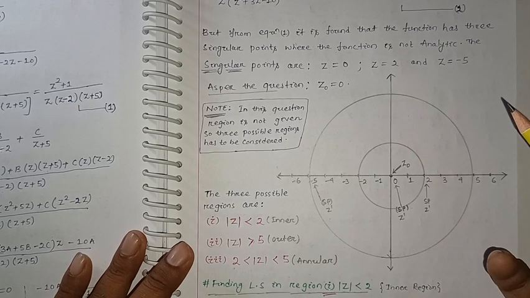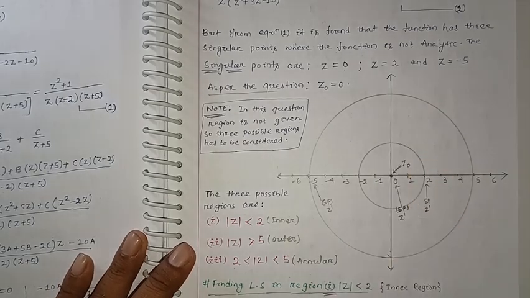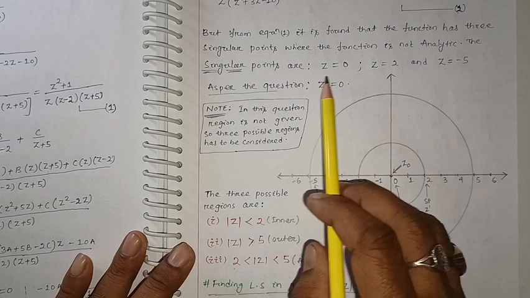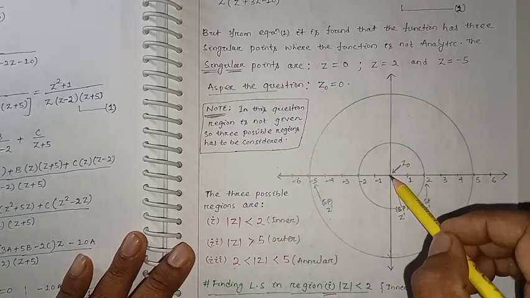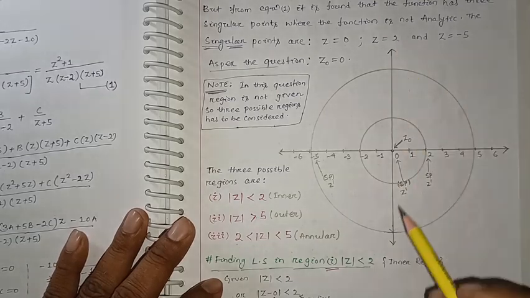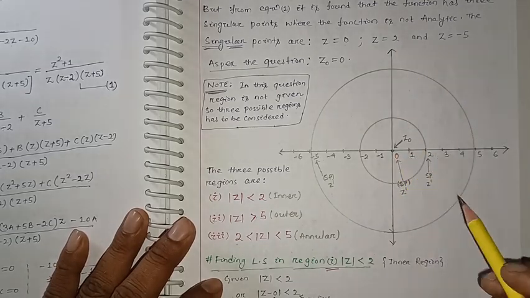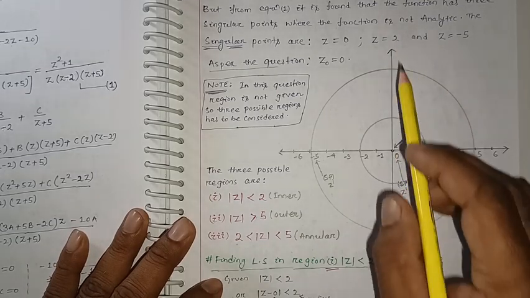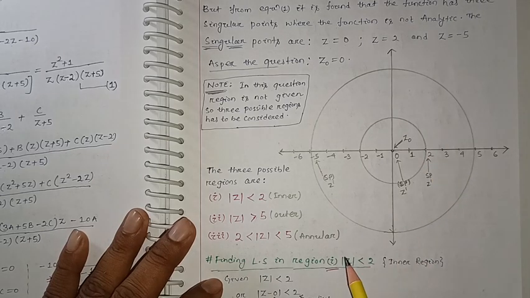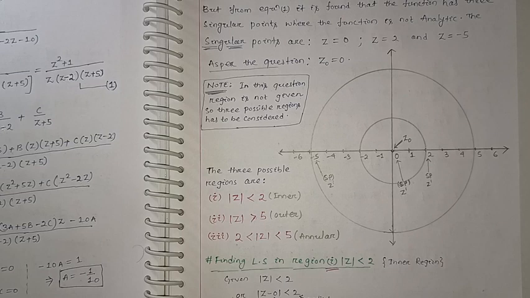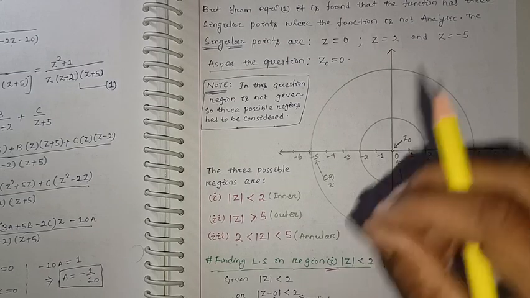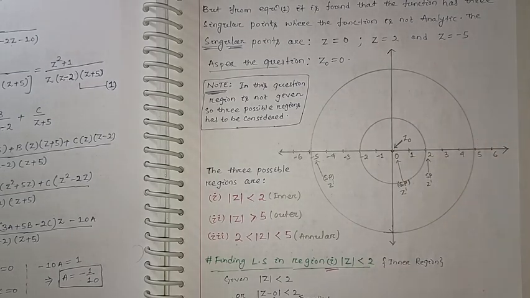If I locate all these singular points on the complex plane, one singular point is at 0, another singular point is at 2, and another at minus 5. So why do we have to consider three regions?